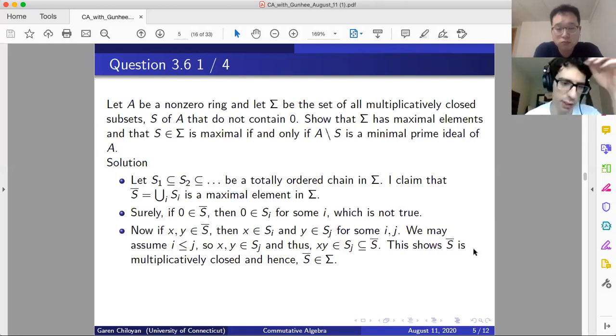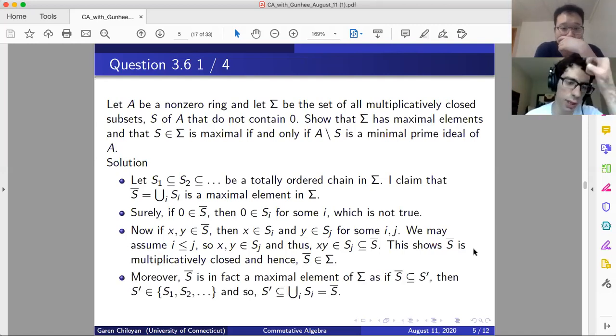So S bar is in fact multiplicatively closed and hence an element of sigma. So S bar is in fact a maximal element, because if there's an element in sigma that contains S bar, then S bar is just one of the elements that S bar is the union of, because it lies on that chain.